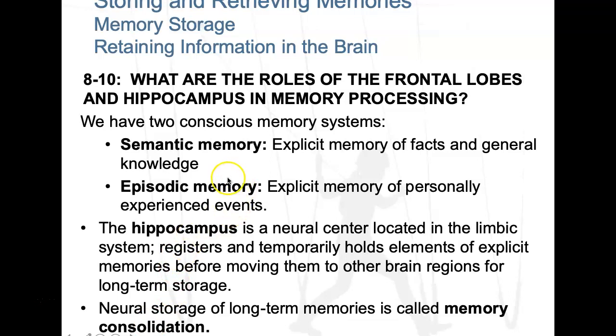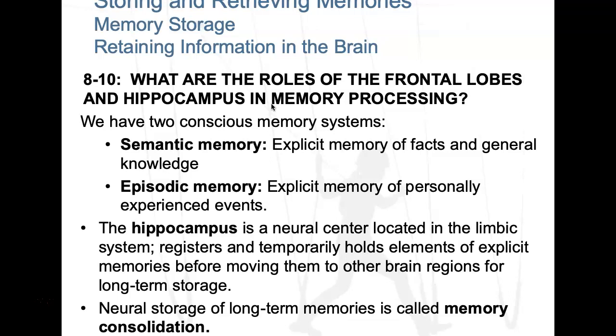Okay, semantic memory: facts, general knowledge, just like I told you before when we were talking about the explicit memory. Episodic, think of it as an episode, an experienced event in your life. So an episodic memory could be your first day of college, first time you went to the hospital, your first date. A particular episode in your life.